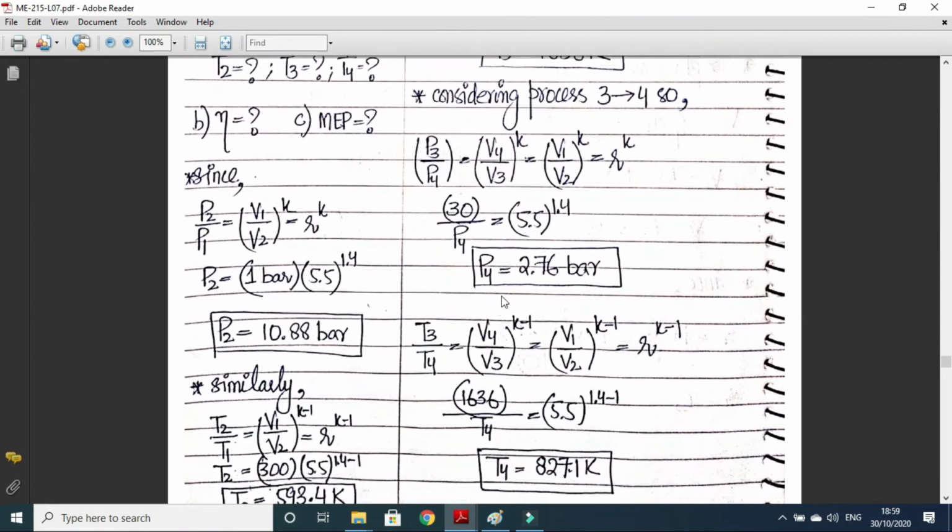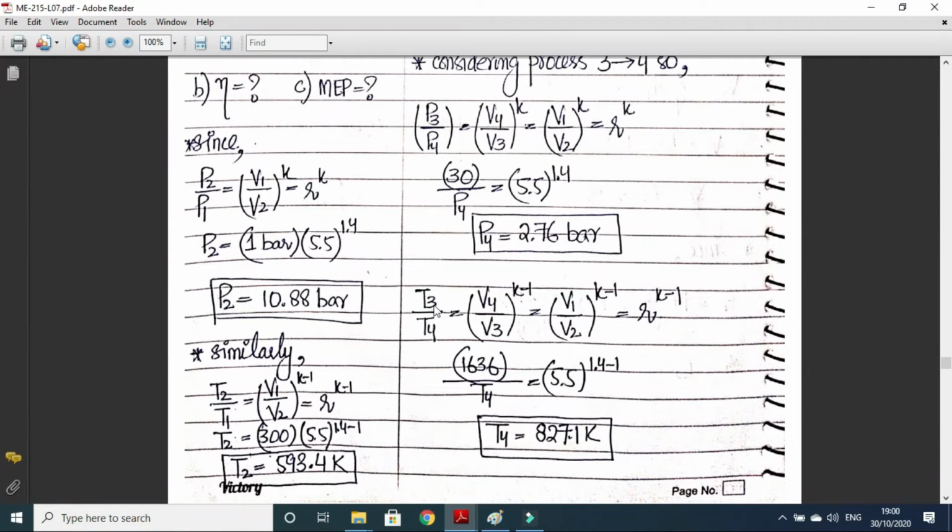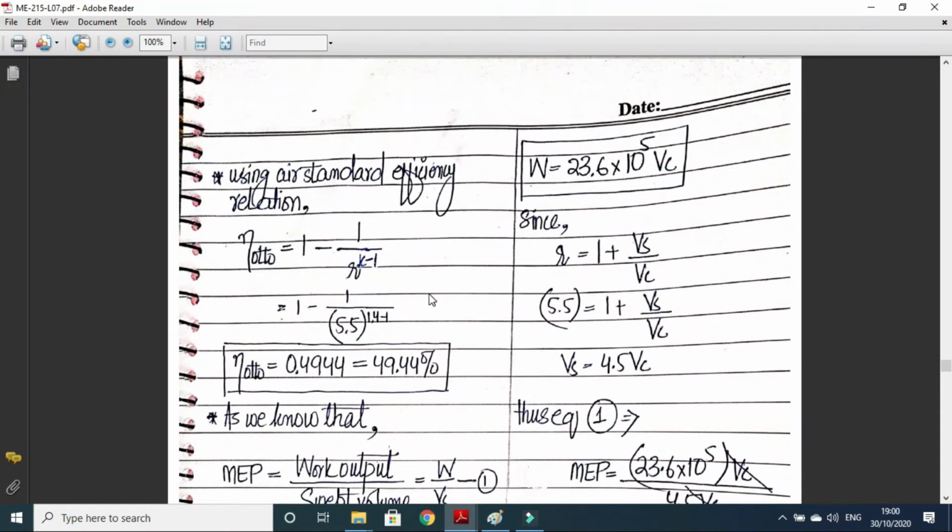Similarly, we can calculate the T4 value by using the isentropic relation. T3 upon T4 is equal to V4 upon V3 to the power K minus 1. V4 is equal to V1, V3 is equal to V2, and V1 upon V2 is R. So we know T3, we know R, we can calculate T4. Using the air standard efficiency formula, 1 minus 1 upon R to the power K minus 1, R is known and K is known, so we can calculate the efficiency.